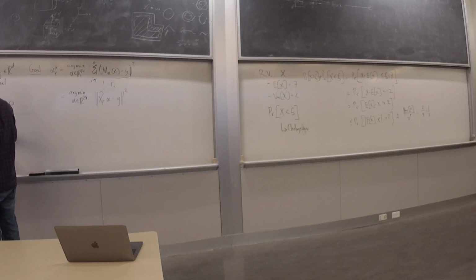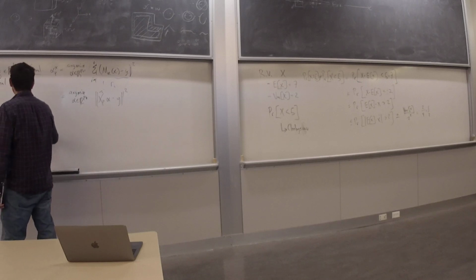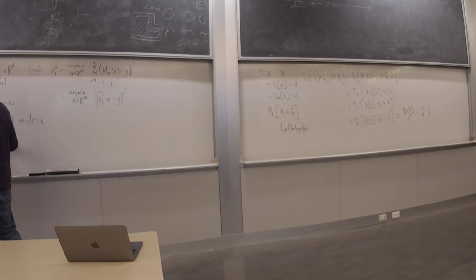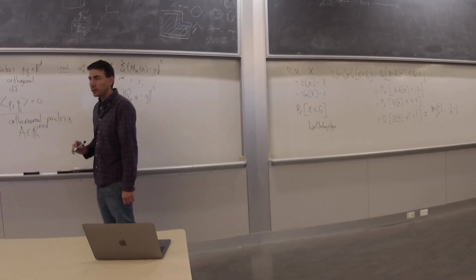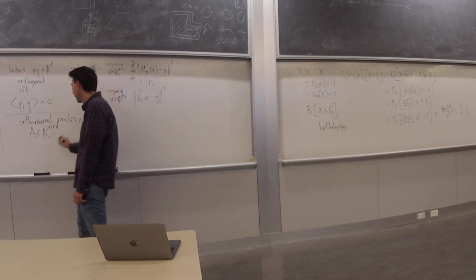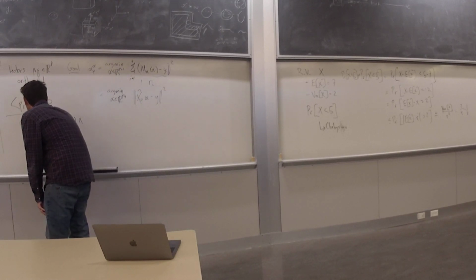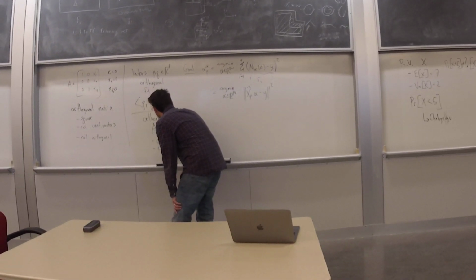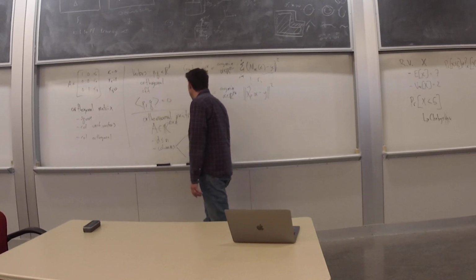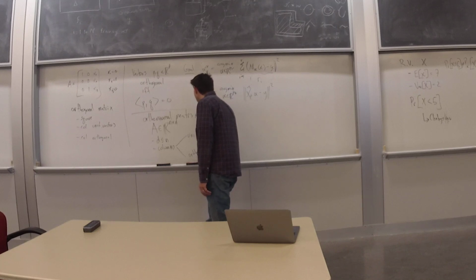Okay, so an orthonormal matrix, n times D, must have D less than or equal to n, and the columns need to have two properties. They need to be unit vectors, and they need to be orthogonal.